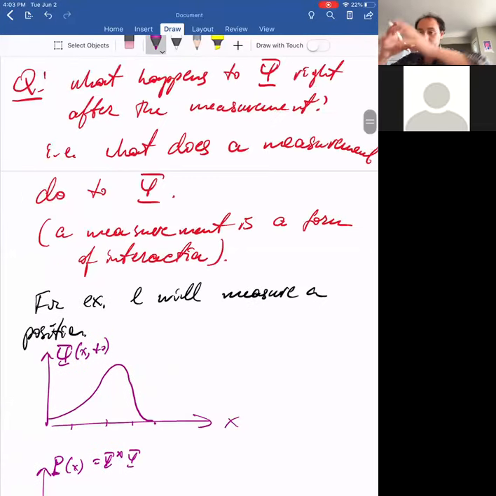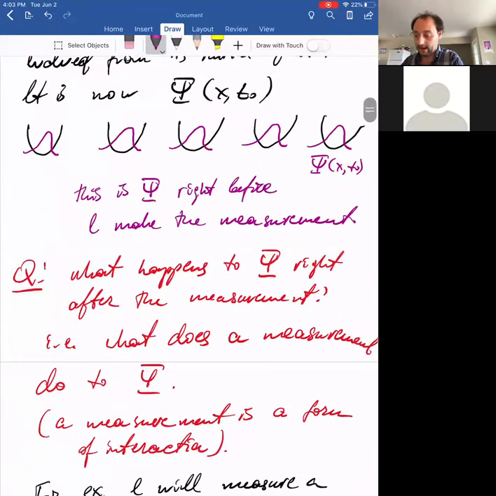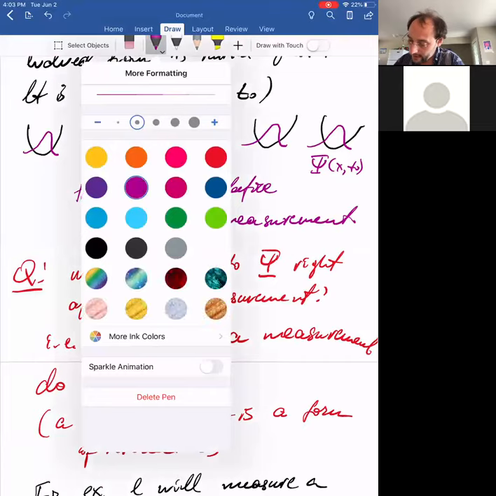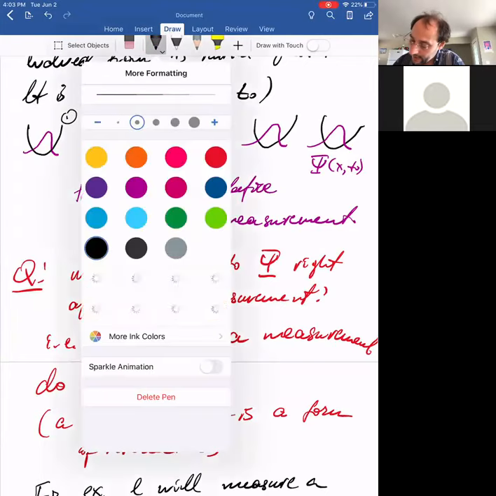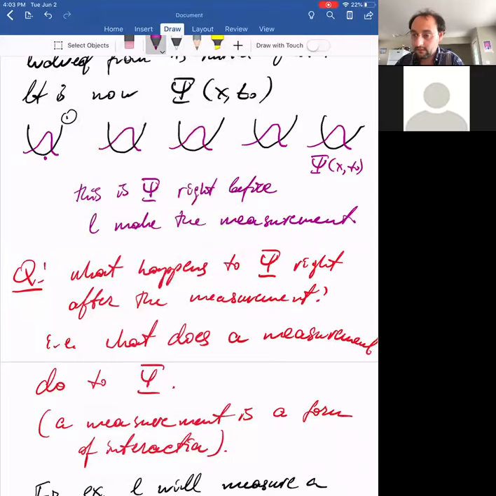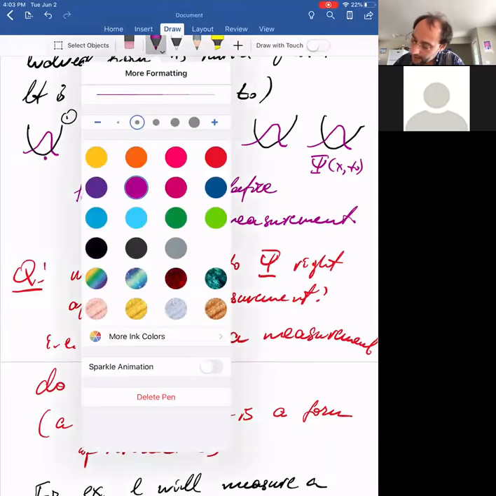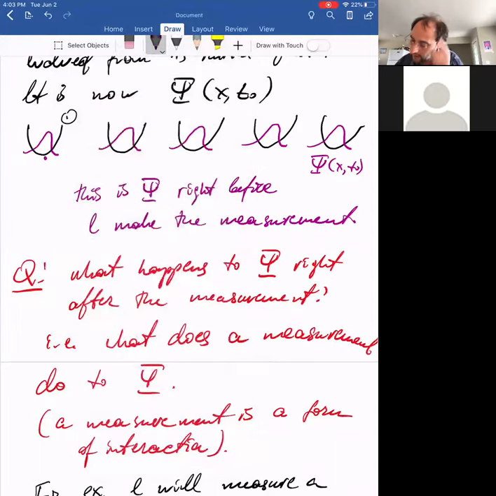So I have an ensemble of these harmonic oscillators. I perform a position measurement on the first guy. So here's system number one. I perform a position measurement, and I found that the particle is here. I go to system number two. I say, you measure your position.